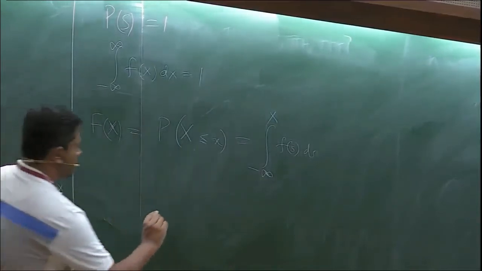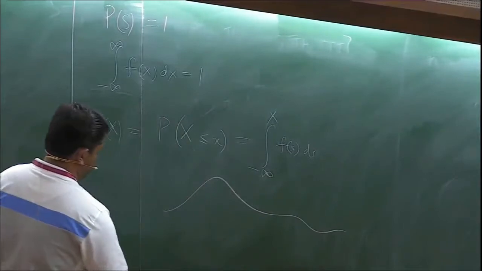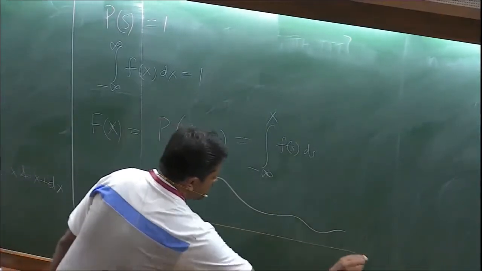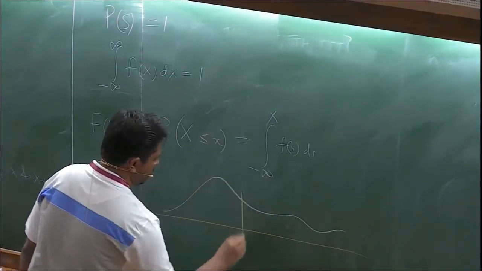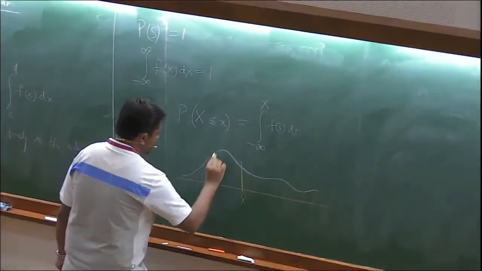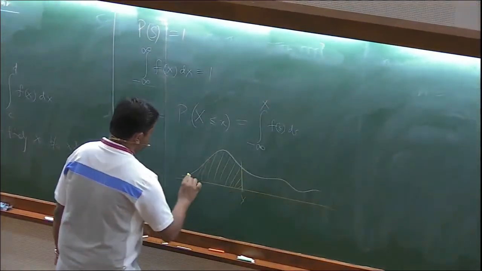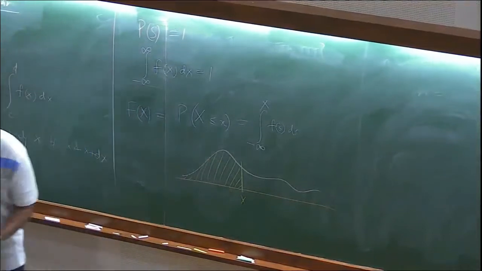If you have some continuous distribution, the cumulative density up to the point x is just this area from minus infinity up to the point x.